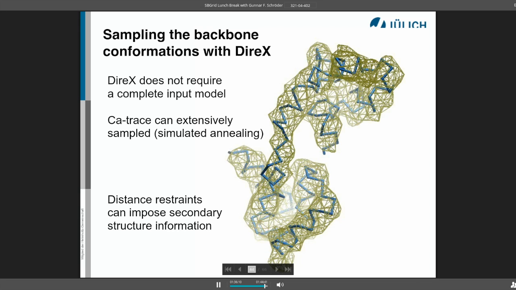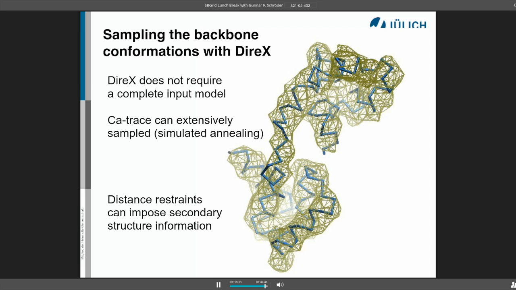That's a quick and easy way to generate or optimize backbone traces, maybe generate a number of backbone traces that you can use to start building full atomic models, for example. But this way, we can also sample different conformations very quickly.